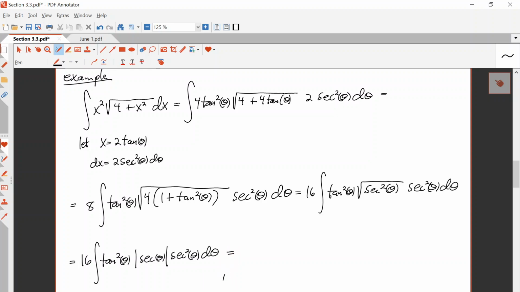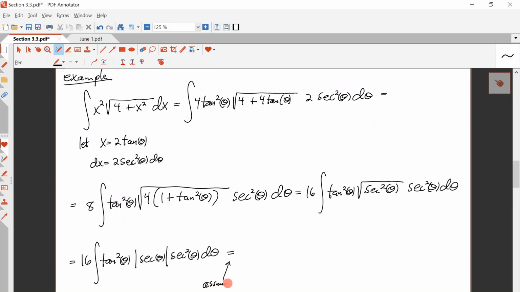But we assume we're doing an antiderivative or an integral on a domain in which secant is positive, or on a domain in which cosine is positive. So, for example, 0 to pi over 4: cosine is positive, so secant is positive.